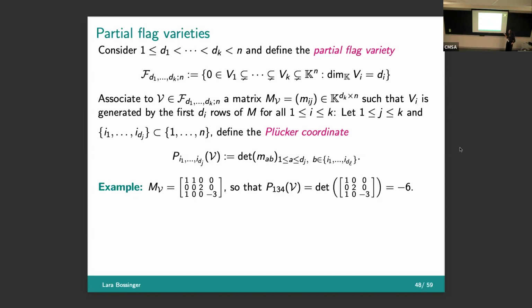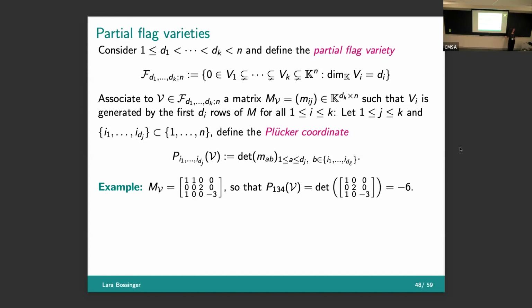I define them in the same way as before, determinants of these matrices. Now just one small difference is that I have Plücker coordinates whose index sets have different cardinalities. So for every d_i in my tuple, I have Plücker coordinates of the corresponding size. Right now, I'm not interested in only maximal minors of my matrix, but all these minors.